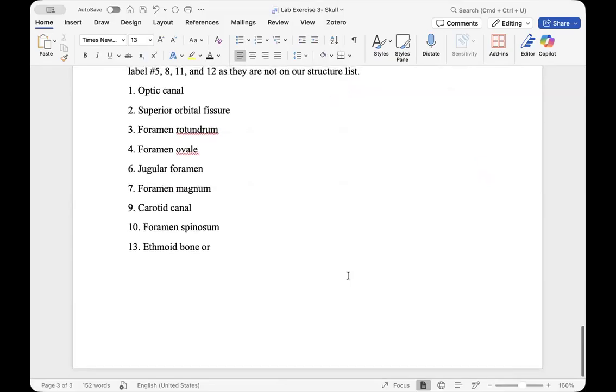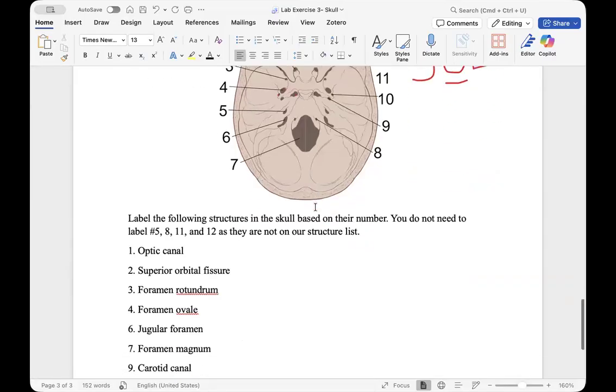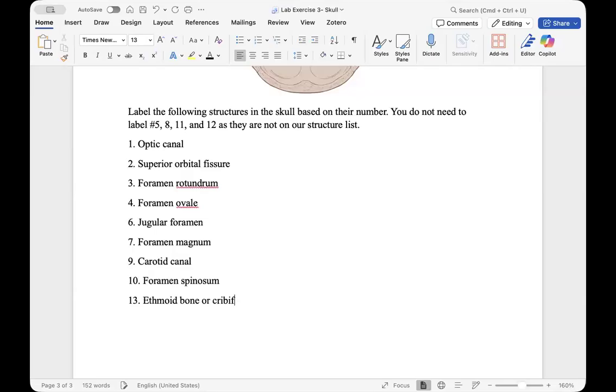There are some parts of the ethmoid bone that you do need to know. It's on your list, but we're pointing to the porous area that is on either side of this other structure in the center. The porous area is called the cribriform plate. It does have holes in it, and it is where your olfactory nerves go through for your sense of smell.